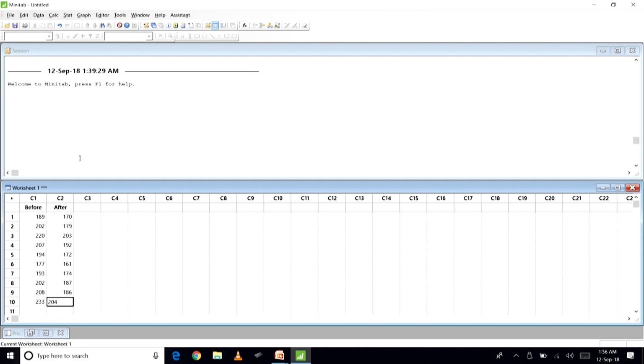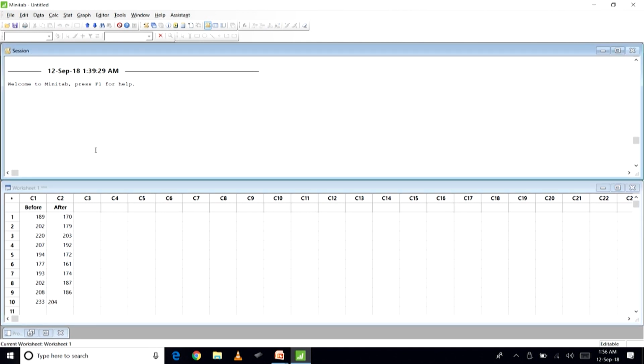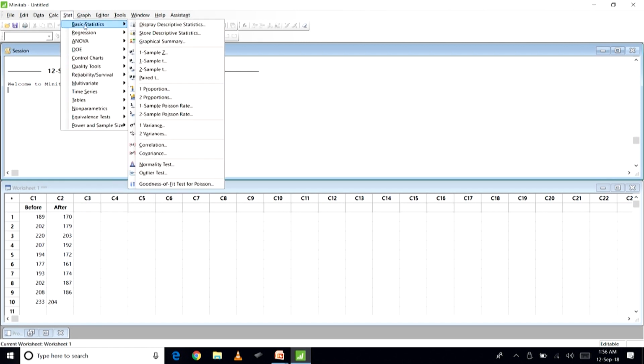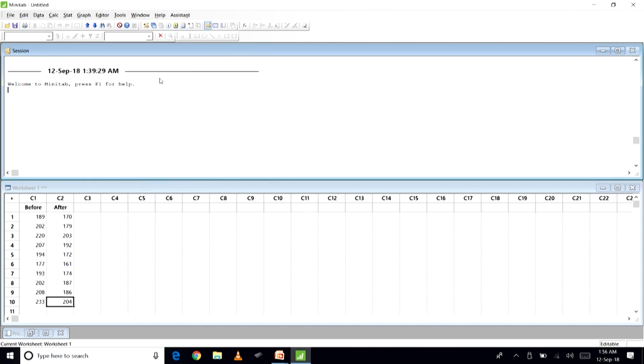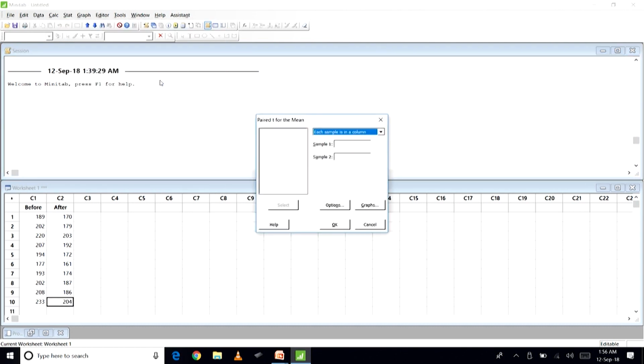Let us work out this question, and it is a paired sample test. So, we will go to Stat, then Basic Statistics, then Paired t-test. Now, we have these two columns over here.